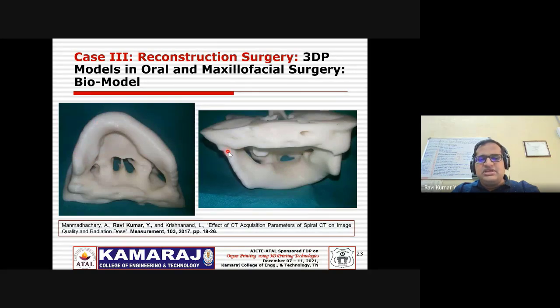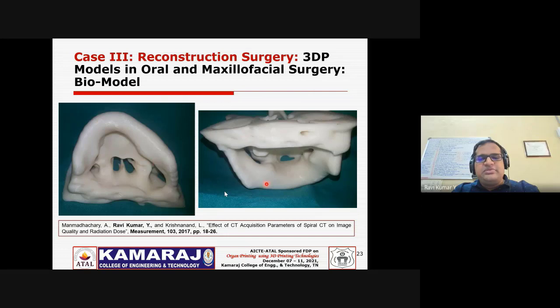If you see the Ramus height of the surviving side, it is this much height, whereas the defective side is much shorter. We need to stretch the Ramus height to match the surviving side, and calculate how much it should be lengthened and how much it should be twisted.